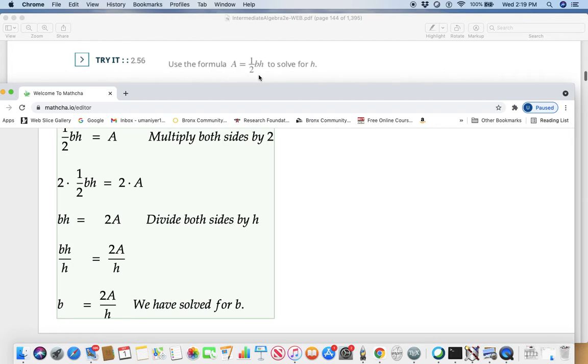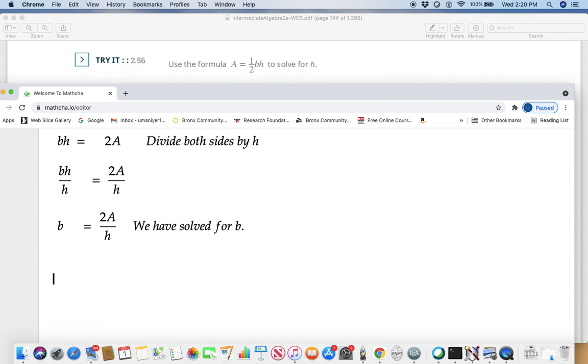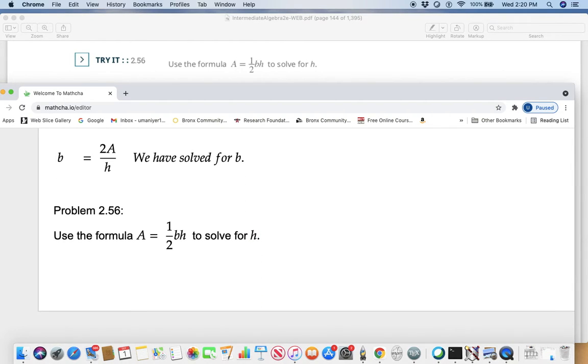Similar. Use the same formula. Solve for H. Sure, why not? You start with the part which has H. Make sure that's on the left.